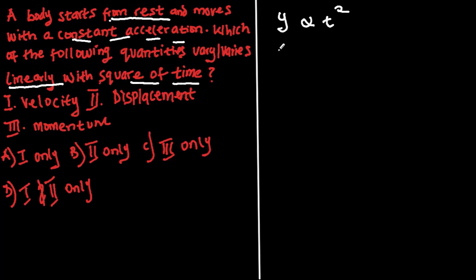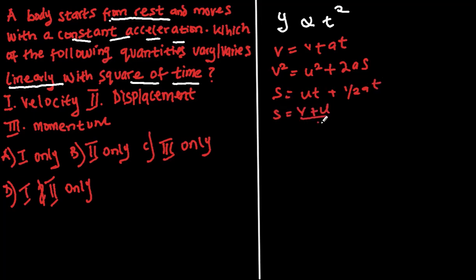Our equations of motion are v equals u plus at, v squared equals u squared plus 2as, s equals ut plus half at squared, and of course, the last one, s equals (v plus u) over 2 times t. Carefully looking at these equations already gives us a clue that this one, with the t squared, will most likely make sense because I am seeing something that varies with the square of time.